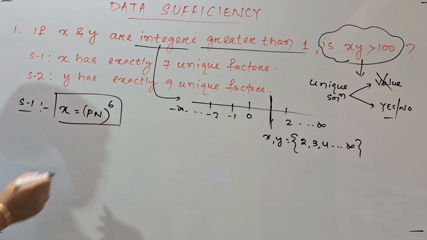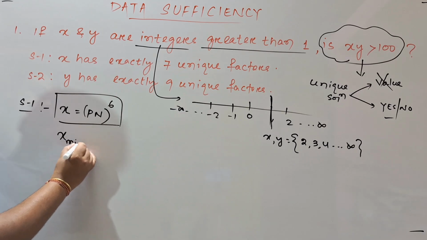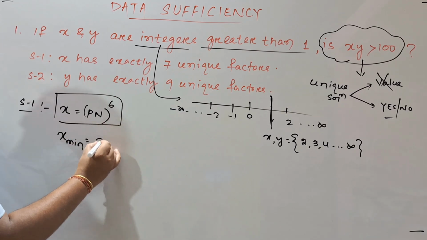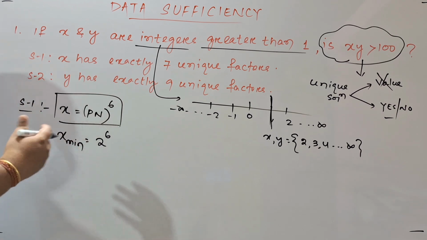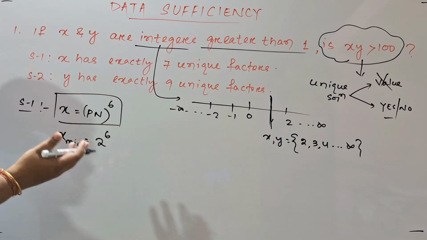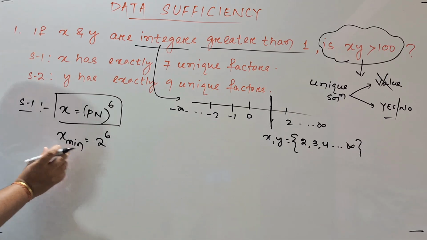Power plus 1: 6 plus 1 is 7. So 7 factors, x has 7 factors. What is the minimum value of x here? The minimum value is 2 to the power 6. If I consider 3 to the power 6, 5 to the power 6, 7 to the power 6, it will give me the answer, but I want the minimum value.